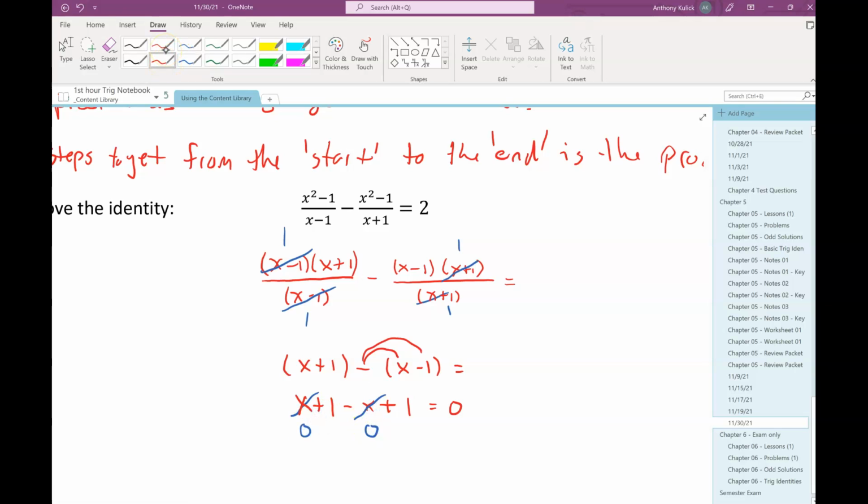And then I just have 0 plus 1 minus 0 plus 1, which is just 2, right? And that's equal to 2, which is what we wanted to show. So we're done. That little square at the end that I color in is just like the period at the end of the proof to show the reader that I finished the proof.